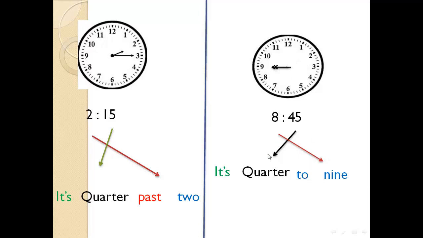That means you will enter the region of 9. 8:45. How many minutes to become 9? 15 minutes. Also, you will need 15 minutes to enter the region of 9. Okay?